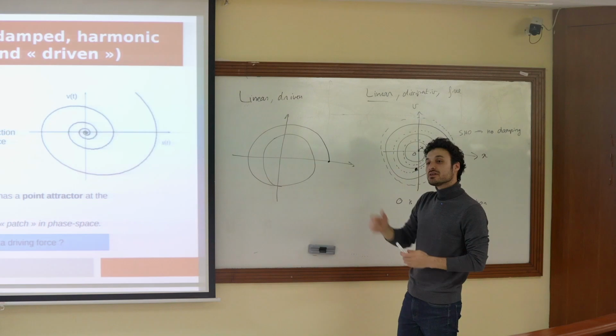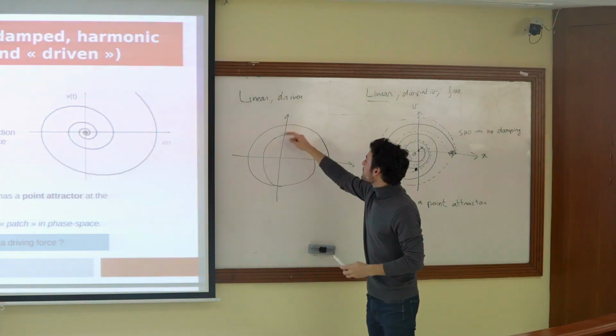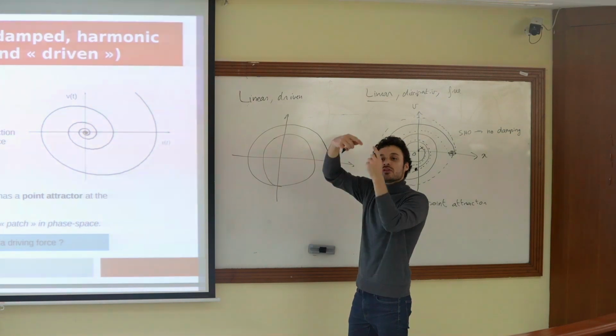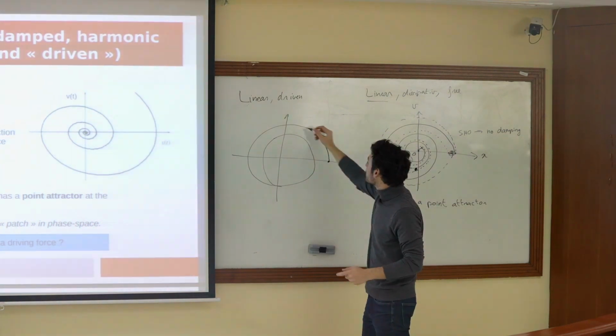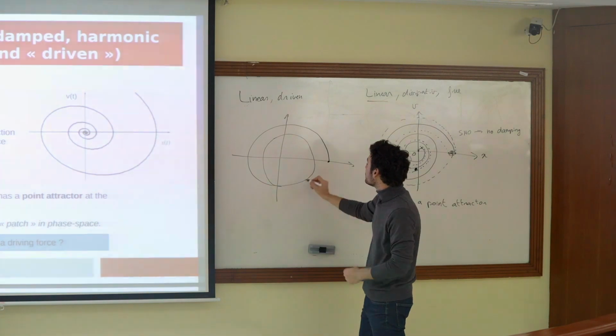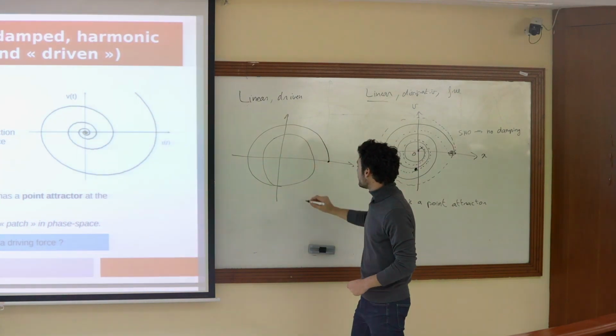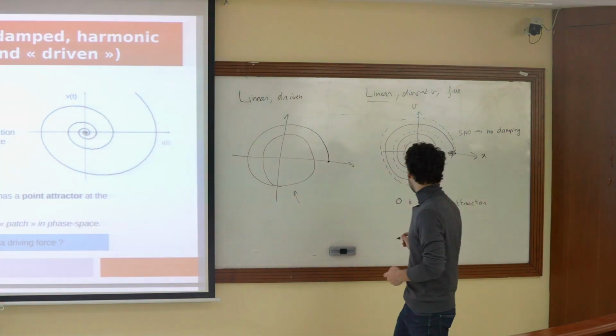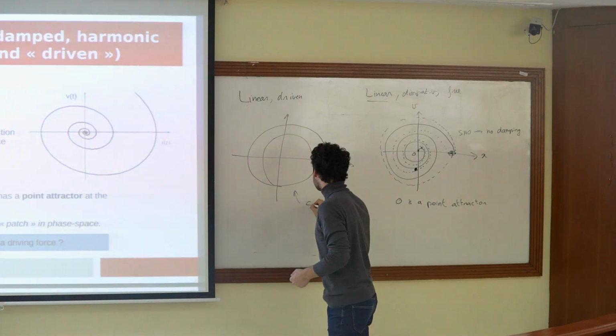I switch it on. At first, there's going to be the transient response. So the pendulum, as I switch on the motor, starts oscillating a bit wildly, and then it'll settle into this particular pattern. So this here will be a periodic attractor, right? So this is also an attractor, but this is a cycle.